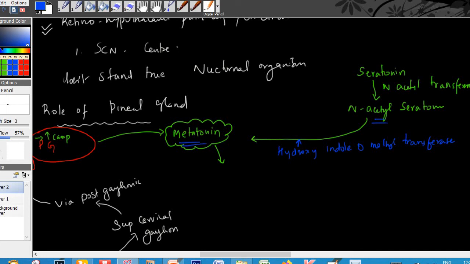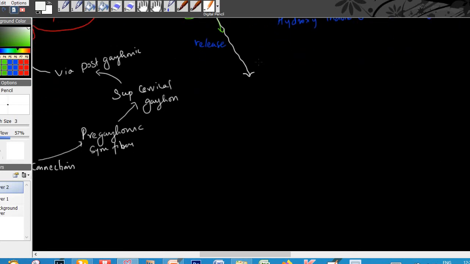So you have formation of melatonin, and there is a release of melatonin. After the release, melatonin goes down and acts on the reticular activating system, and it is going to mediate sleep and wakefulness.